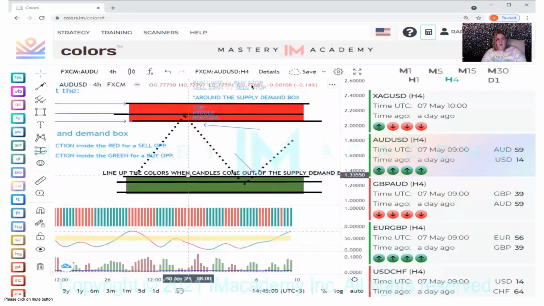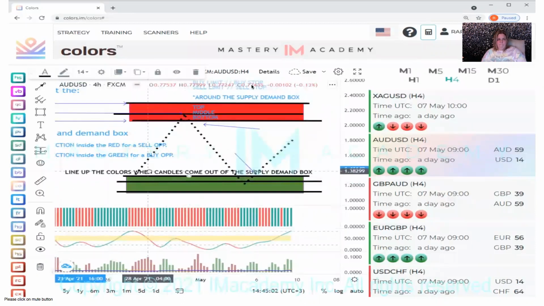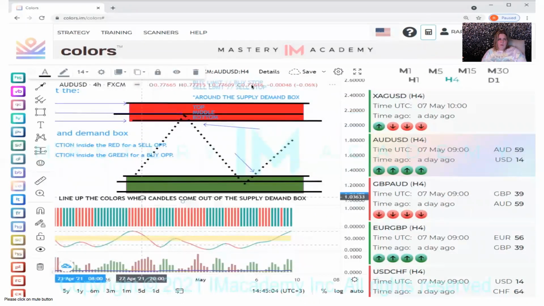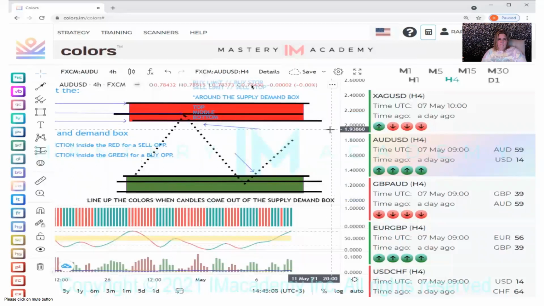Do y'all have this? This is the last point. Line up the colors when it comes to the supply demand box. That's the last point. Y'all should really have this.